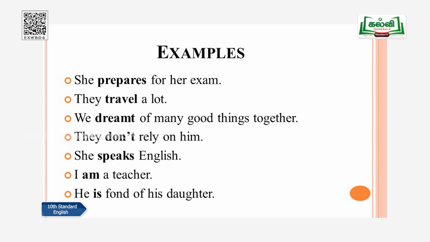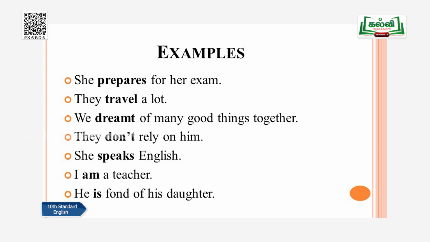And in the fourth sentence, they don't rely on him. Here I've used this auxiliary verb don't because it has to agree with the subject that is in plural, they. In the fifth sentence, she speaks English. Here I've used speaks because the subject is singular. And in the sixth sentence, I am a teacher. Here we are talking about again a singular subject. So I've used am.